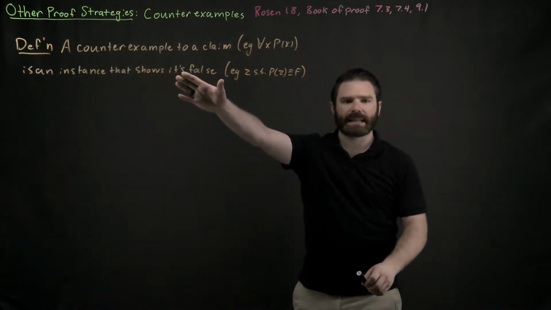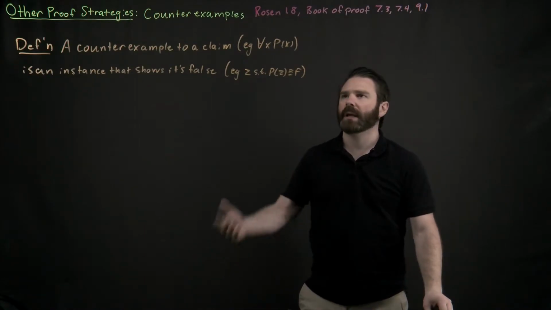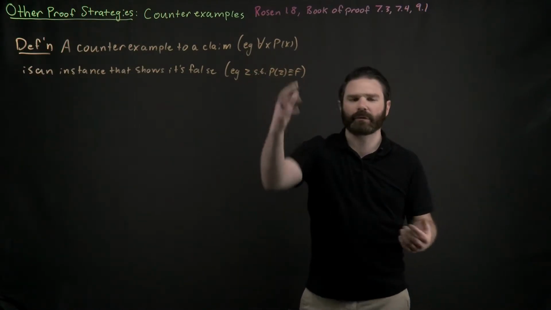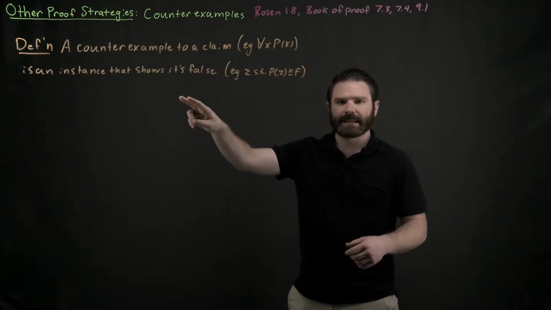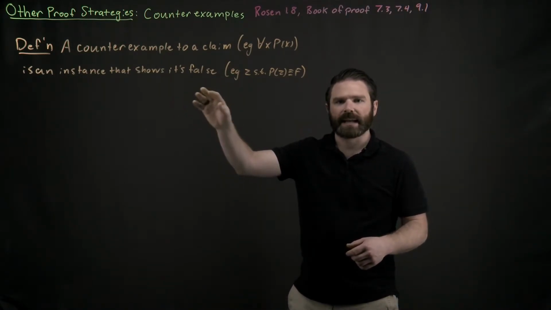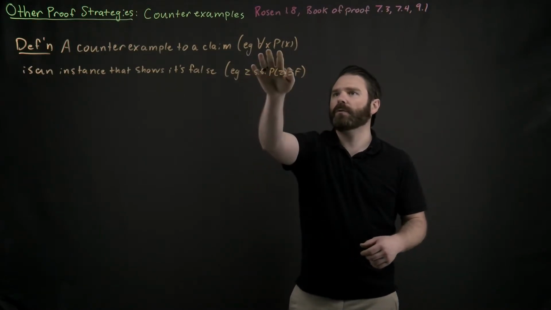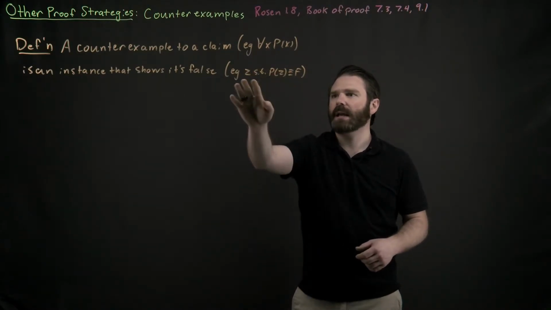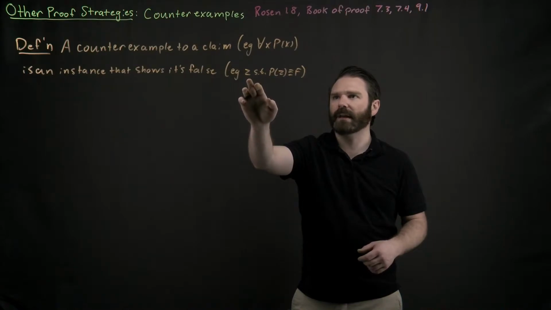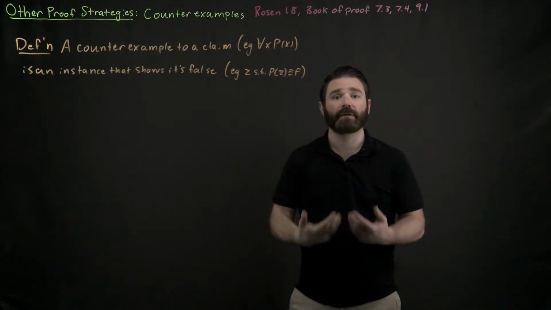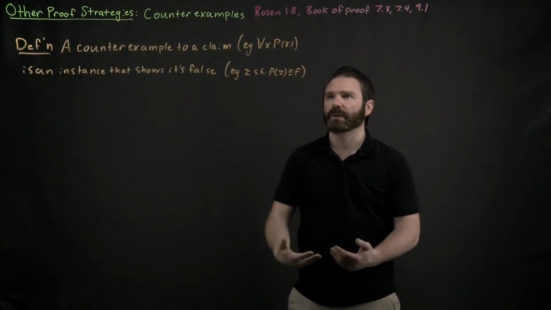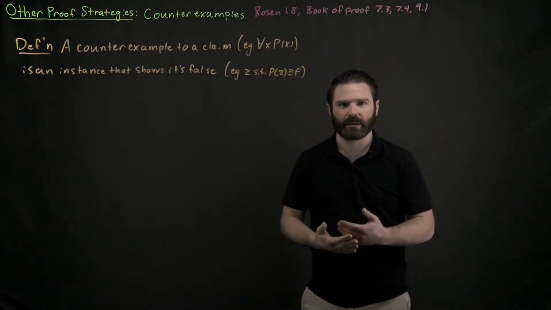A counterexample to any sort of claim, for example, a claim that looks like for every x, P of x, is an instance that shows that the claim is false. In this case, a counterexample would be some value of your variable, like z, such that your propositional function is false. And that would be a counterexample to this particular claim.